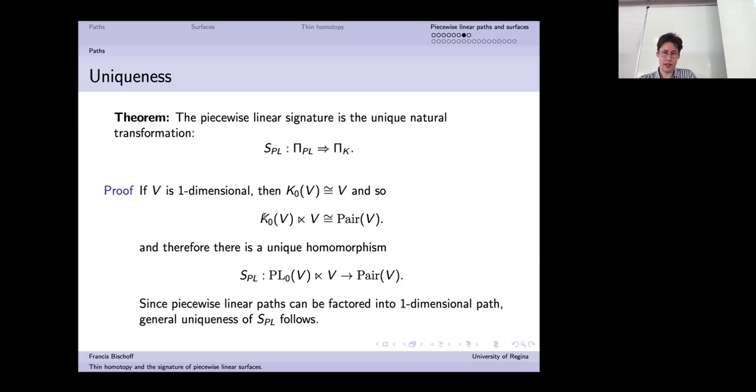So because of that, this groupoid just becomes the pair groupoid, and any groupoid has a unique map to the pair groupoid. So this is V being one-dimensional, but piecewise linear paths are just factored as one-dimensional paths. So because of naturality, it forces the definition in general.